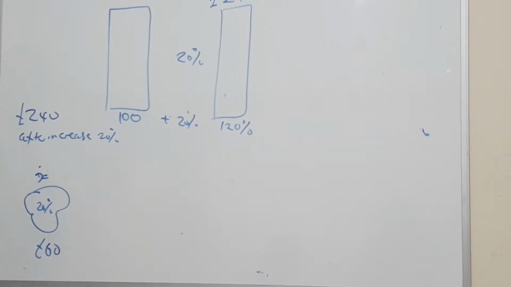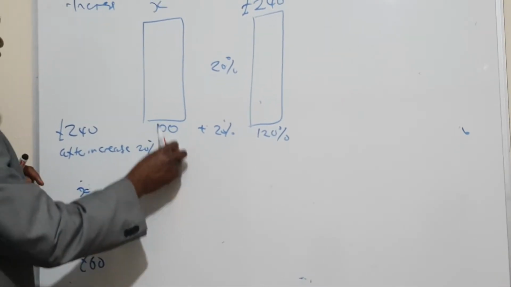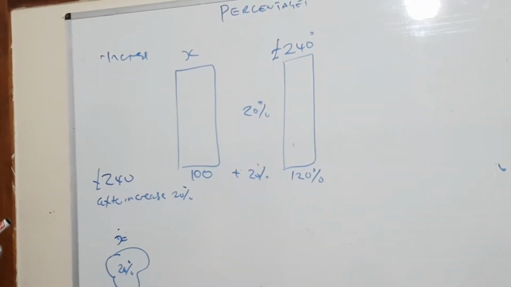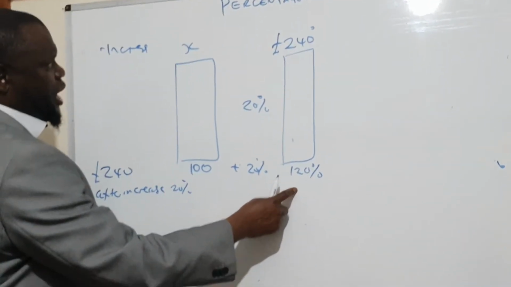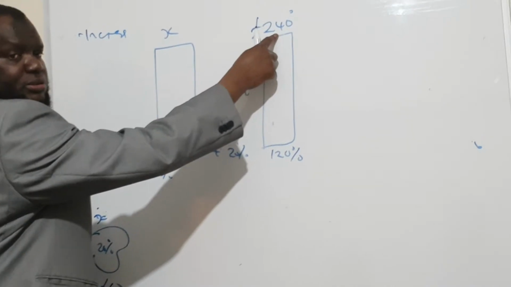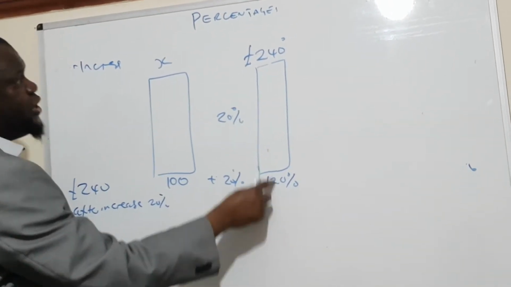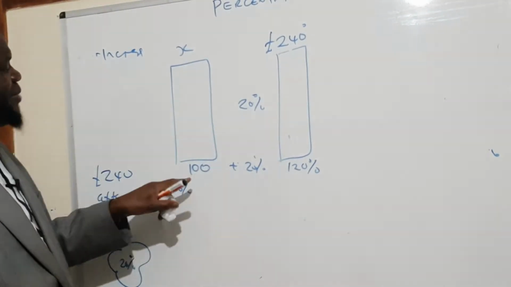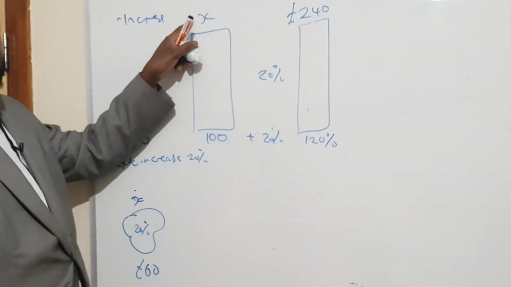The logic is this. I always draw this. The new price is 120%, and you know the amount. It's 120, and you know what the amount was. So it's known. The old price used to be 100%, but you don't know.